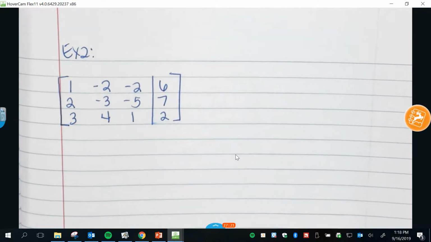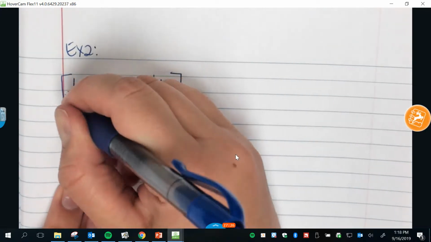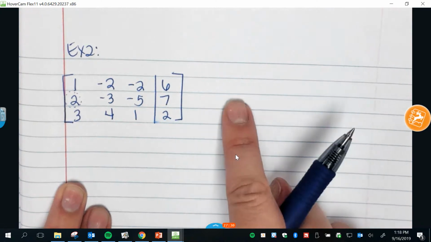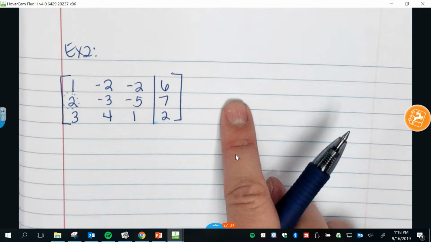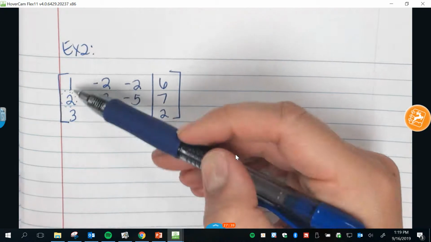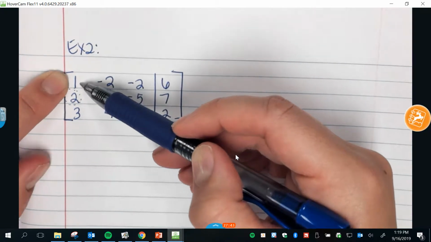What is the number I'm going to attack right now? 2. All right, draw my little circle. That means the row command I'm going to write is going to go on this second line here. Okay? Which row do we want to combine it with? Row 1 or row 2? Yeah, row 1. What are we going to do to row 1? Multiply by -2, right?